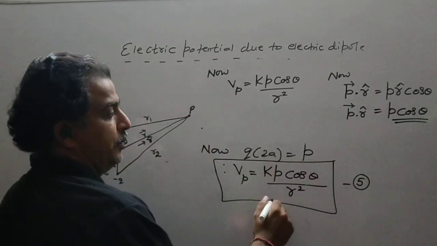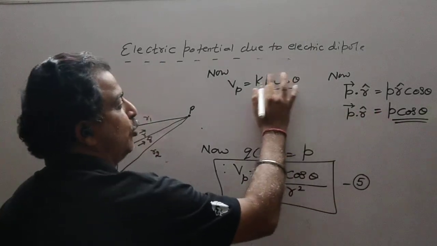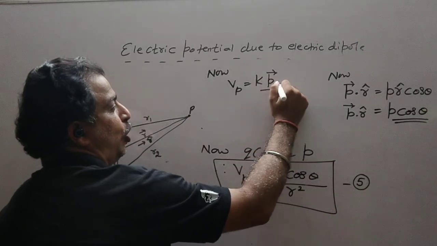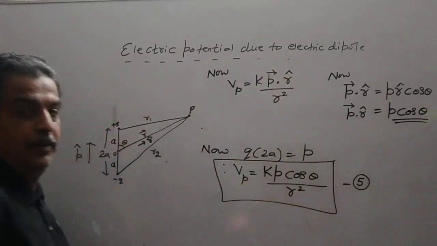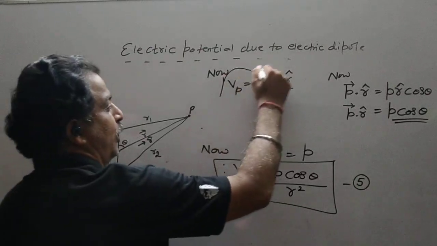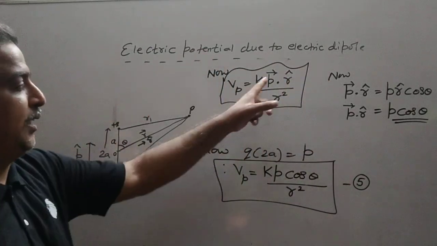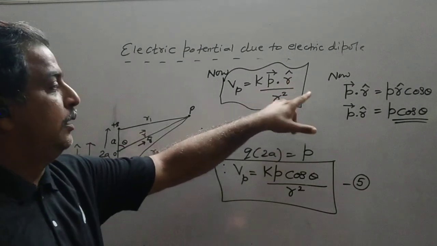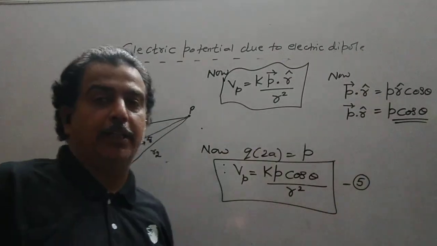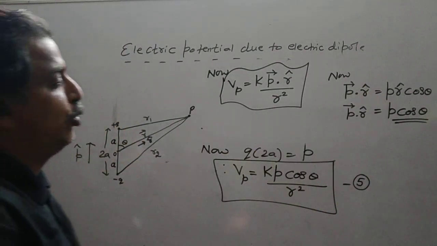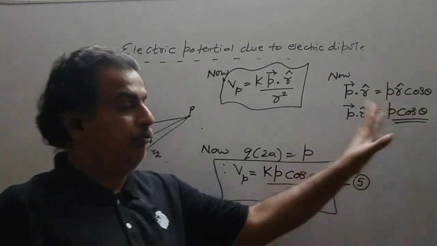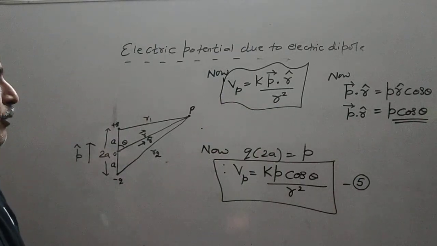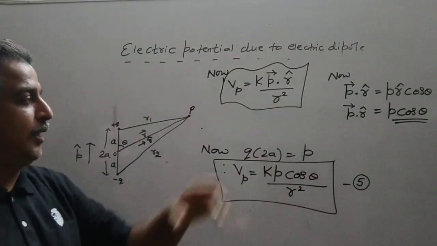So this equation can be written as, in the place of P cos theta, I will write Kp dot R cap. So it is a dot product of P vector and R cap. The magnitude of R cap is 1, it is a unit vector. So P vector dot R cap can be written as P R cap cos theta. So this is another form of the equation for the potential due to an electric dipole.